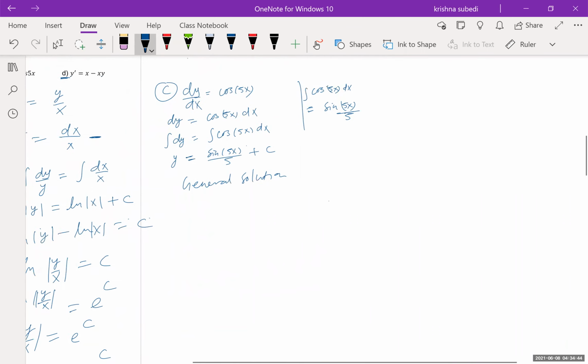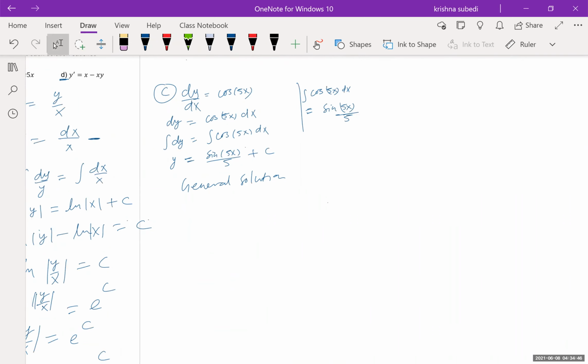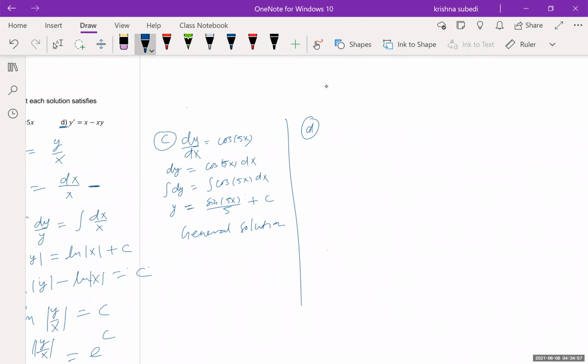Now let's try part D. This part D looks interesting, and let's try it just for fun again. When you are given this y prime, I suggest you change it into dy over dx, because that makes life easy later on.